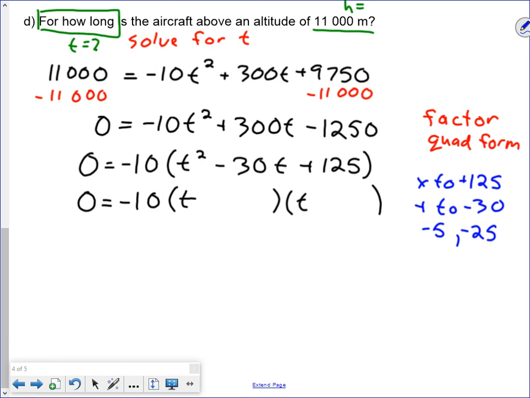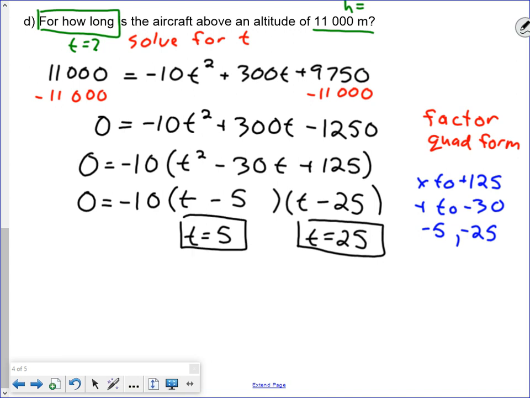Negative times negative will give me that positive. So inside the brackets, I have a negative 5 and a negative 25. What are my two solutions? My solutions are the numbers that go in there for t that are going to make those brackets equal to 0. So from the first bracket t equals 5, and from the second one t equals 25.